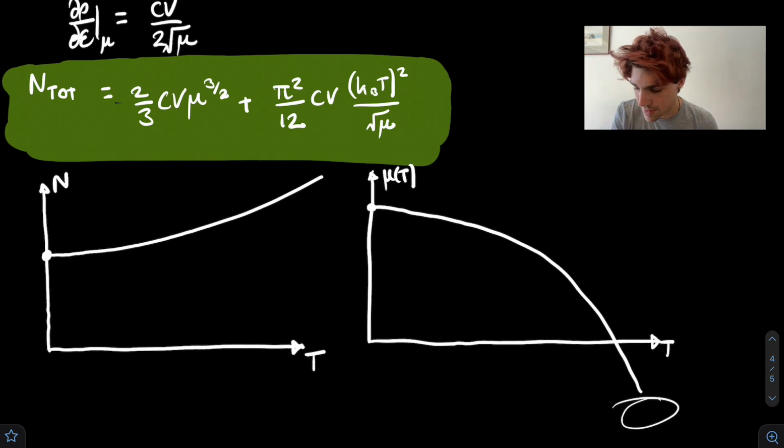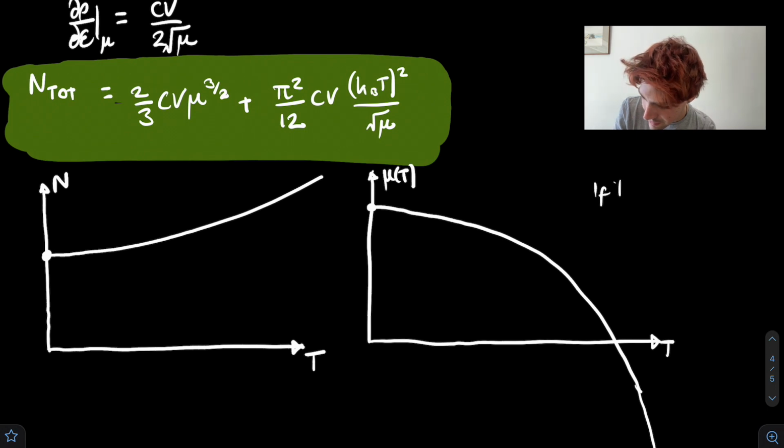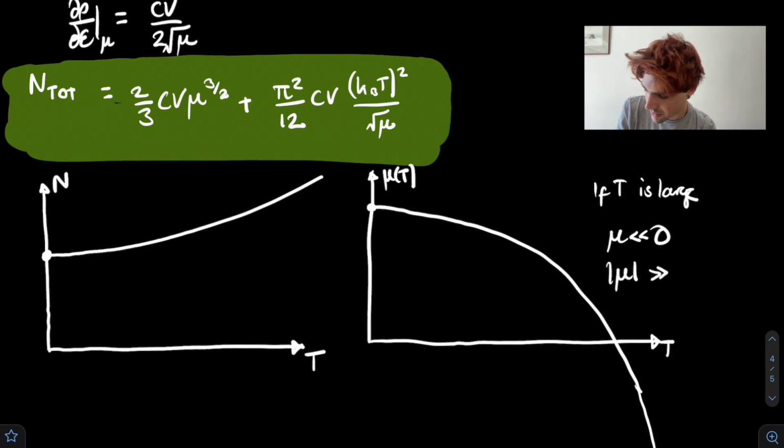You can see it crosses the t-axis right there, and it's going to go very large in magnitude, but very negative. So this is in accordance with the dilute limit. T is large, then mu is much less than 0, and the magnitude of mu is much greater than kBT.